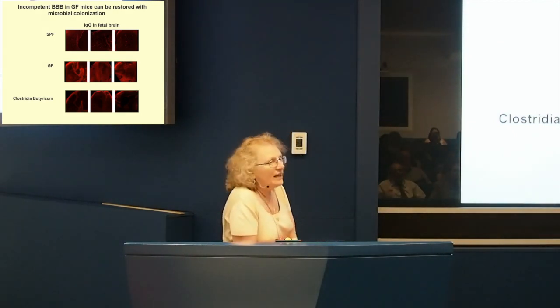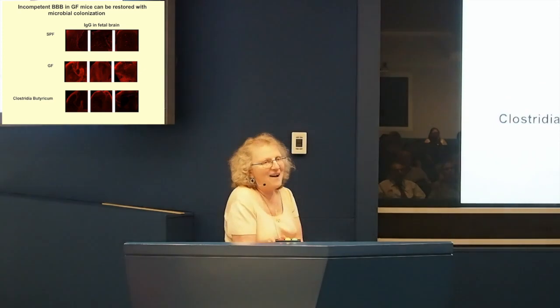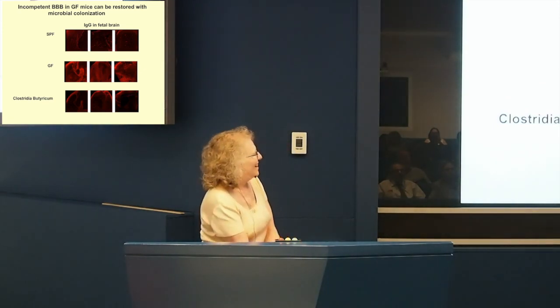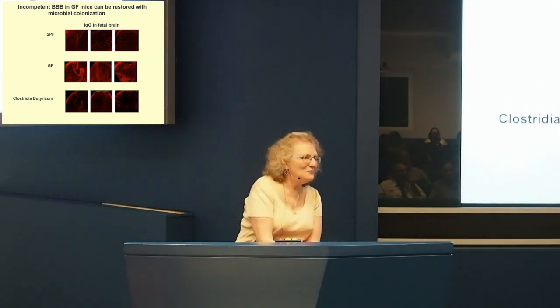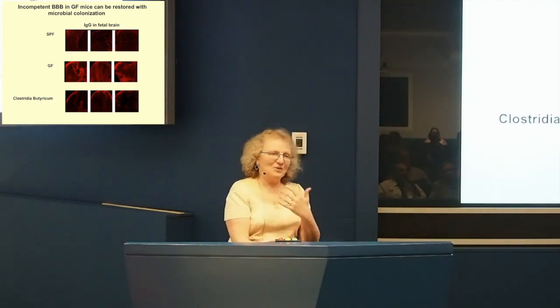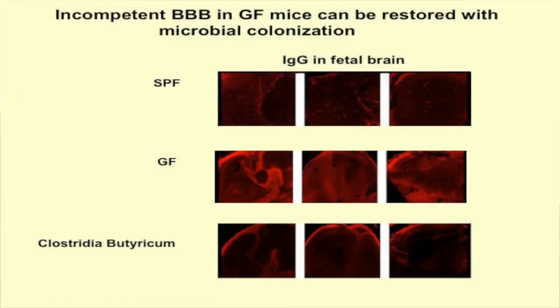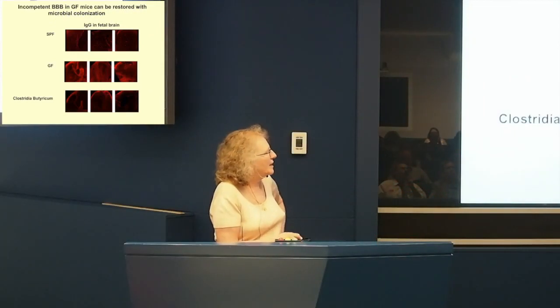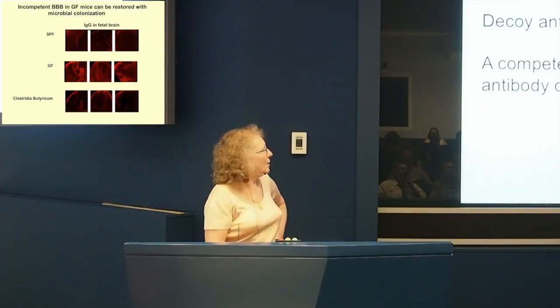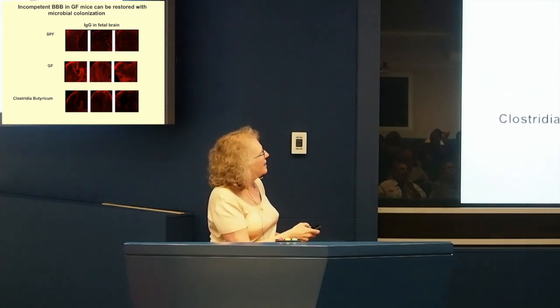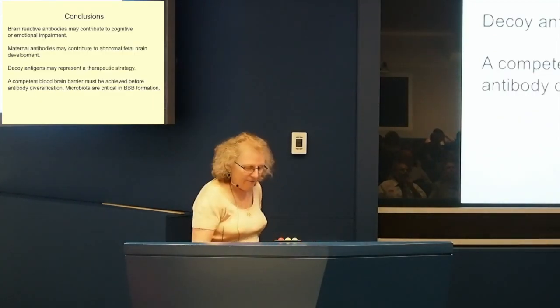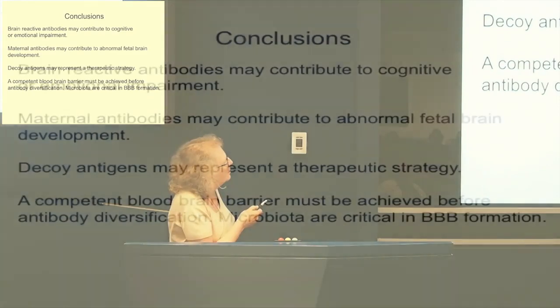So we're very interested in learning more about what the gut microbiome does to allow the fetus to make this barrier, and what other factors affect barrier development, because we think that it will be important for thinking about maternal antibodies that might affect the fetal brain.